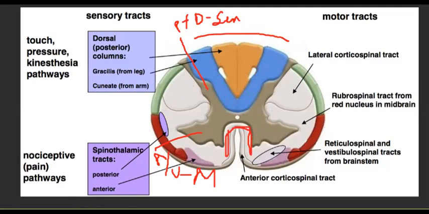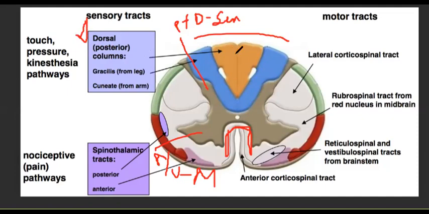The structures that are present posteriorly are called posterior columns, dorsal or posterior columns, it's also written over here. Today's neurophysiology lecture will be based on this, so don't miss that lecture, because we left our previous lecture on the dorsothalamic tract, so we will be continuing that in detail today.